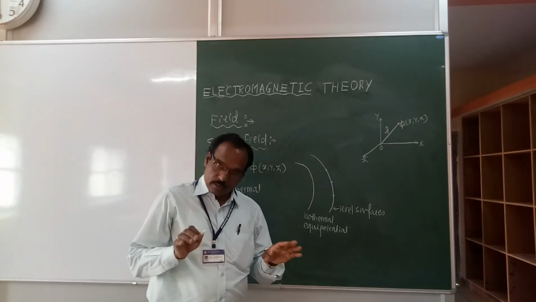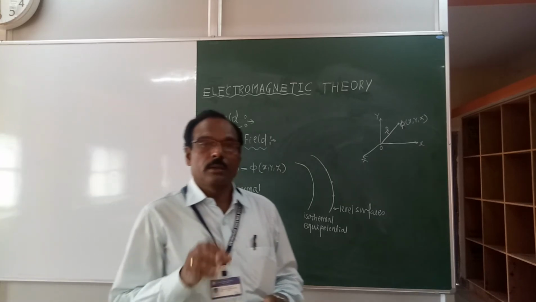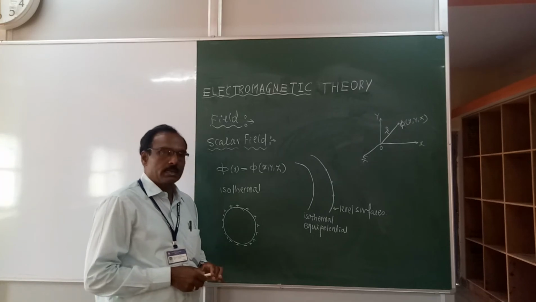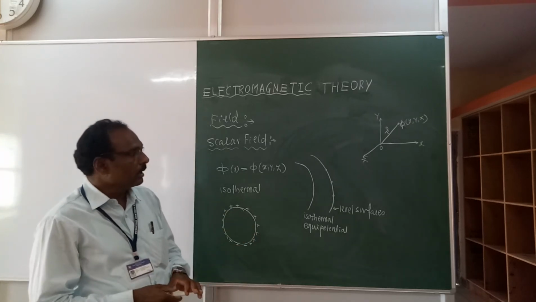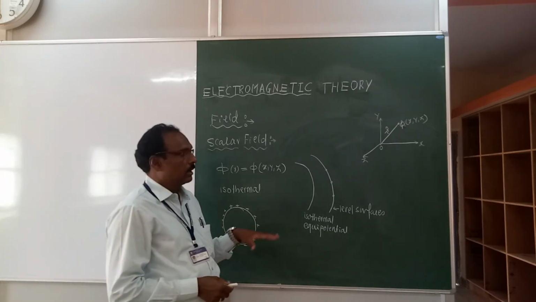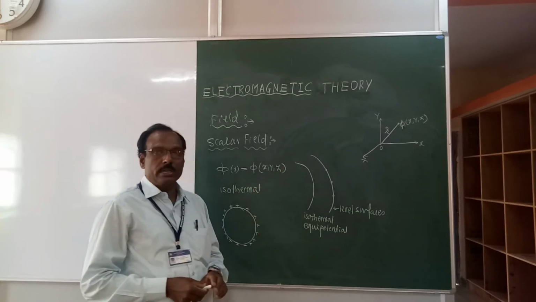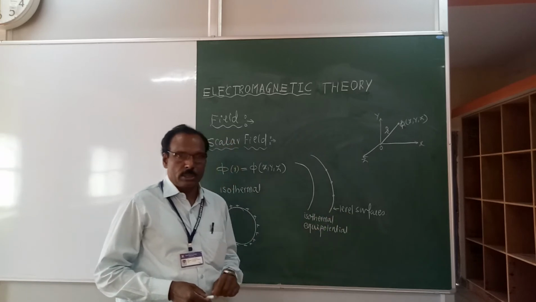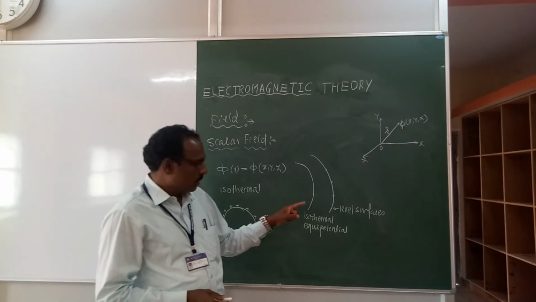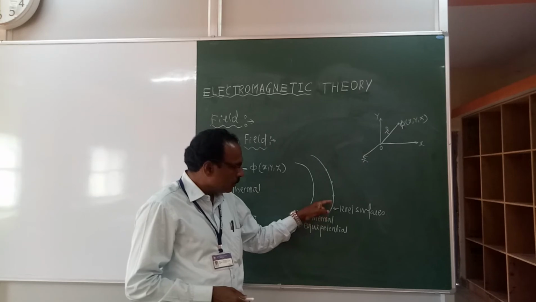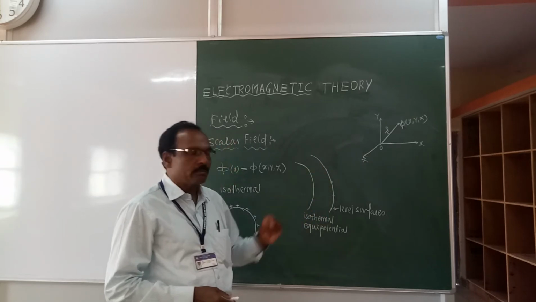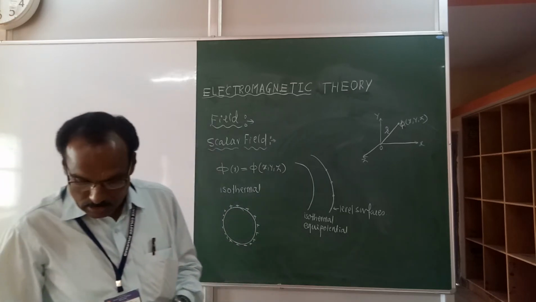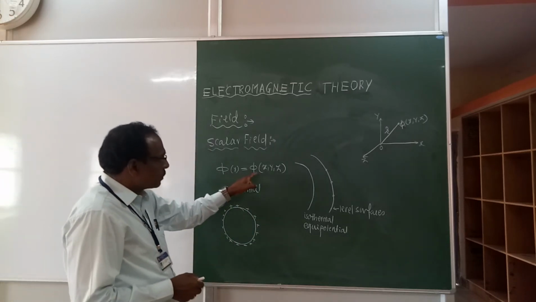This is in general. A scalar field is represented by drawing surfaces in a given field, and those surfaces are known as level surfaces, at which the magnitude of the scalar function is constant. Say it is phi of x, y, z.